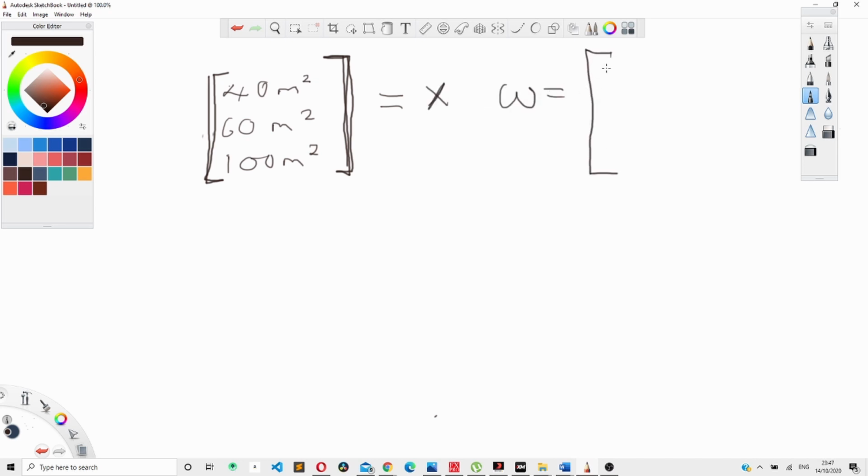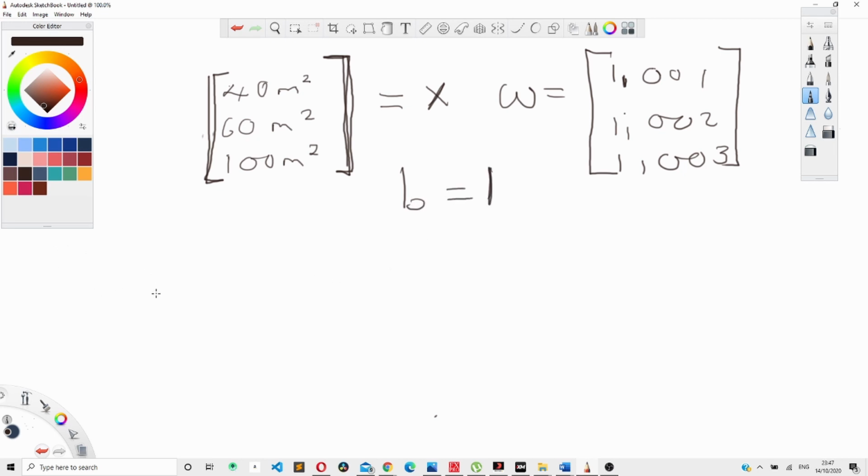Let's just give them approximate values: 1.001, 1.002, and then 1.003, right? And then we say that our bias is equal to 1.